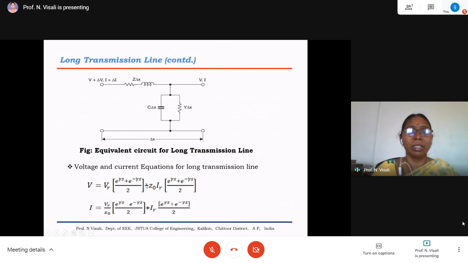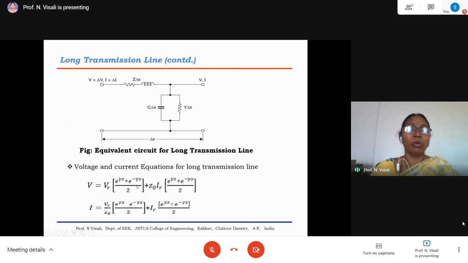Basically, V is equal to VR plus I into Z, and I is equal to V by Z plus IR. So V is VR plus IR into Z naught, and I is VR by Z naught plus IR. These values are due to the delta X variation, with the parameters uniformly distributed along the length. How we are going to consider the equivalent values is next.